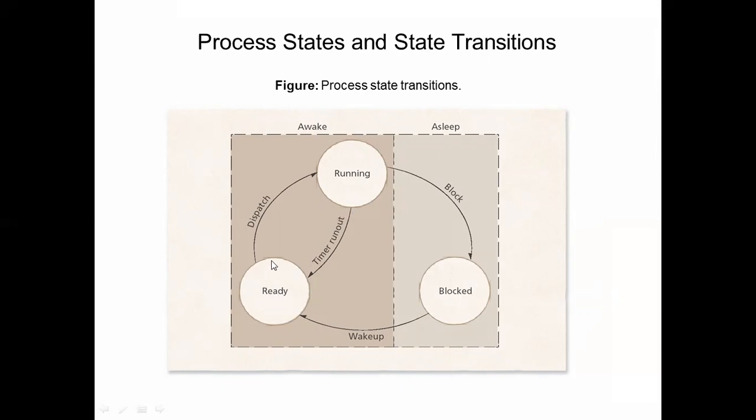From here you have the ready list, in which several processes reside and wait for their time slot. From this ready state, you dispatch one of the processes to the running state. Any one process can run at a time, and it will execute in the processor.